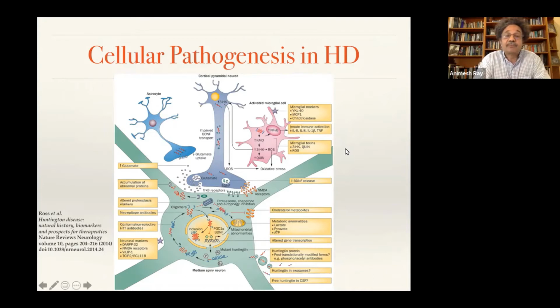For example, synaptic transmission goes defective with time. And many of these have been gleaned in terms of model organisms like Drosophila, for example, or mouse, or C. elegans, and I'll describe the Drosophila part and the mouse part later.